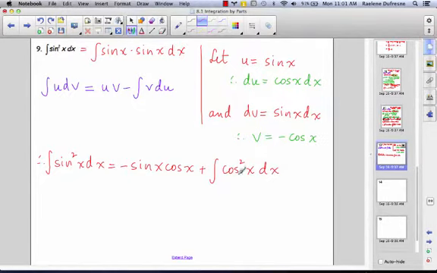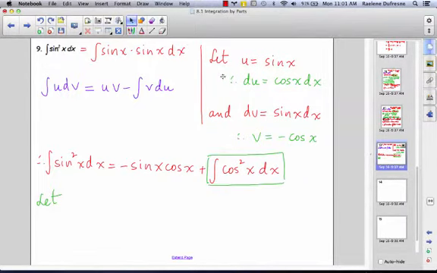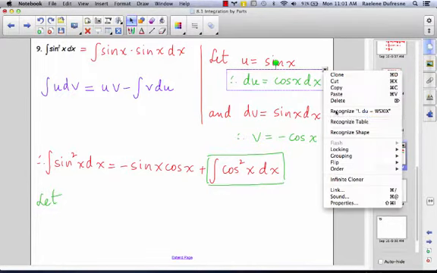And so we see here that we've got kind of the same issue where we have cosine x times cosine x dx, and we would have to repeat the process. So if we do that, focusing on the green integral, and I think actually I will change the color of this to be red.